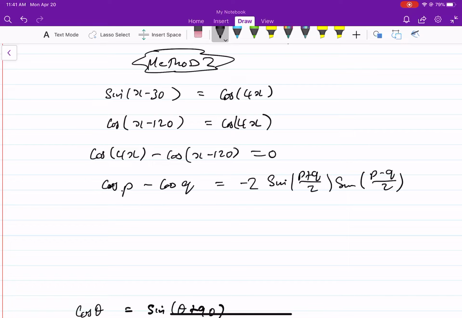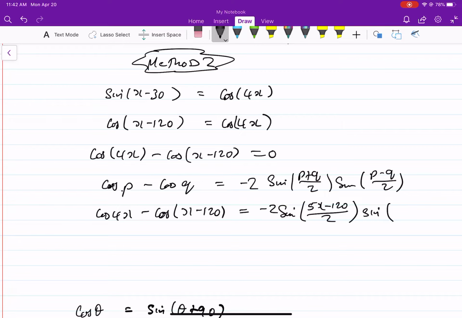So I'm going to rewrite cos of 4x minus cos of x minus 120 as minus 2 sine. You add them together, 4x plus x minus 120. That's 5x minus 120 over 2. And then sine of half the difference. 4x, and you subtract x minus 120 over 2.